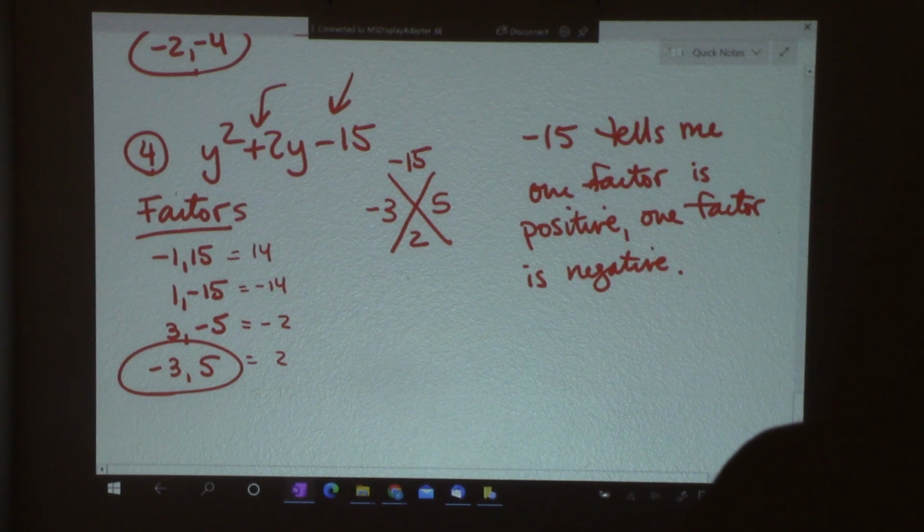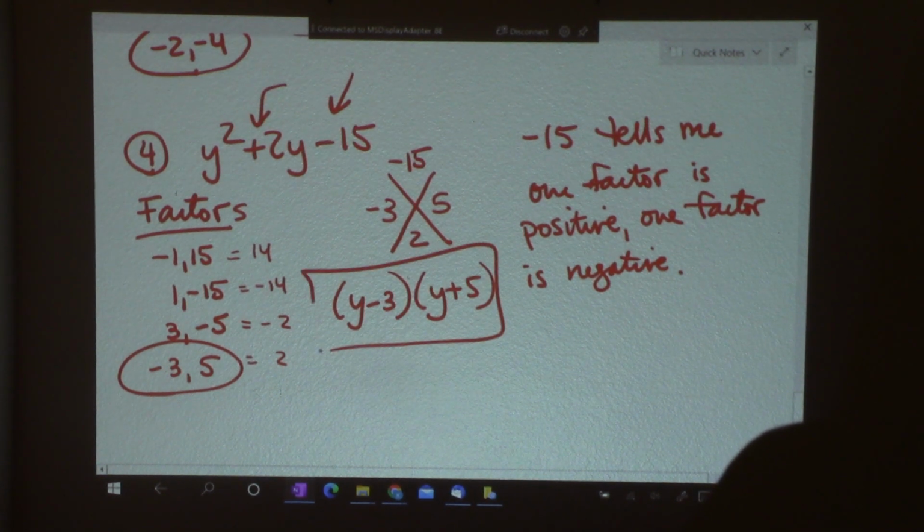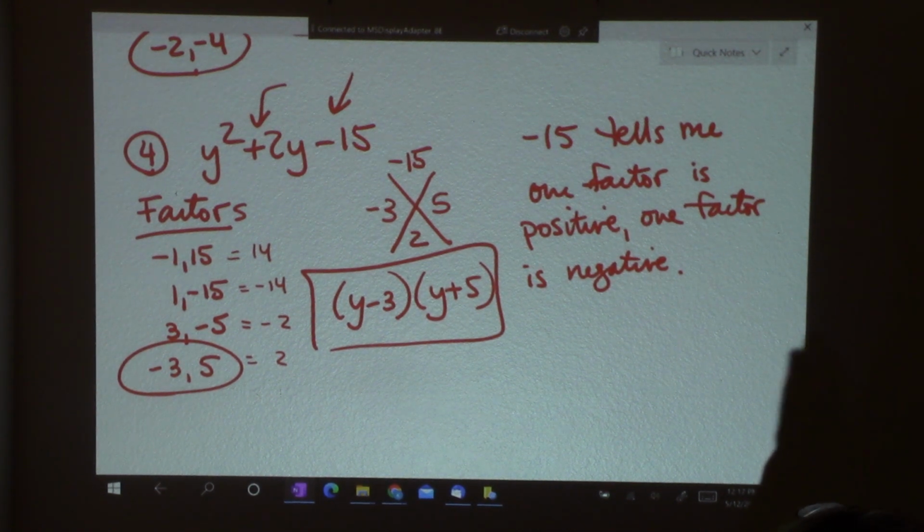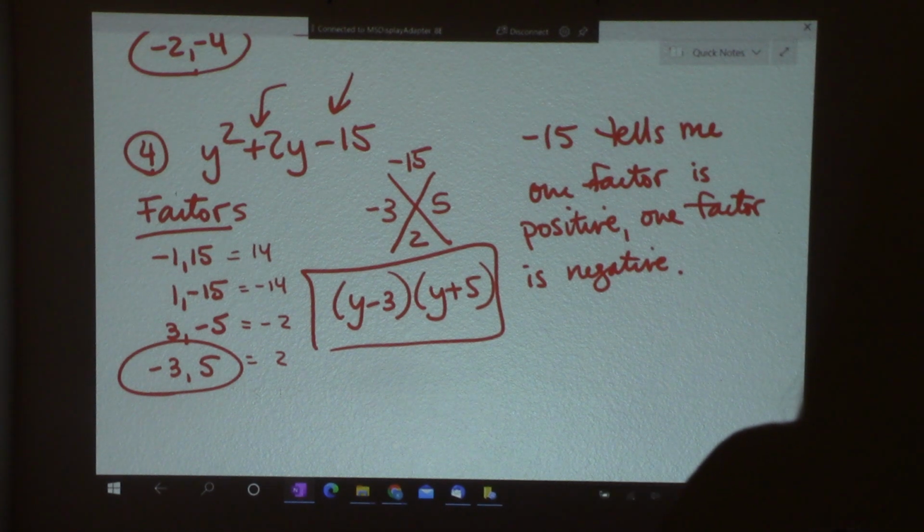So I end up with y minus 3 and y plus 5. Now that's really important, and this is where you go slow because I know some of you are going to be really good at this and you're going to start whipping through these. You want to get your math done. I totally get that. It's probably going to be a beautiful day, okay? But you need to slow down enough that you catch all of these details, all right?